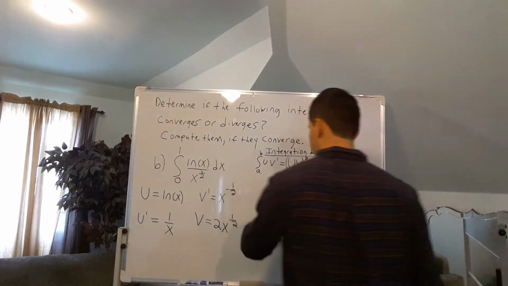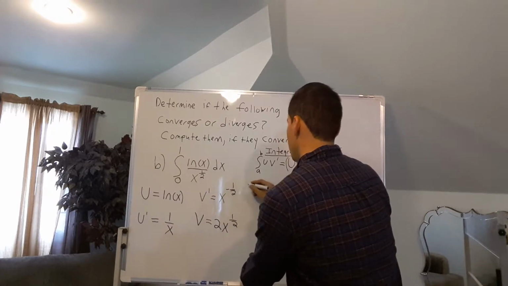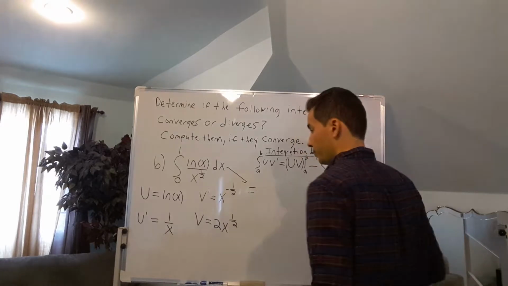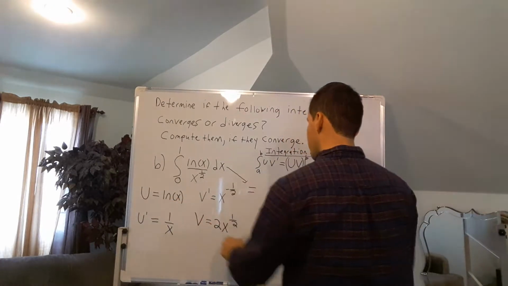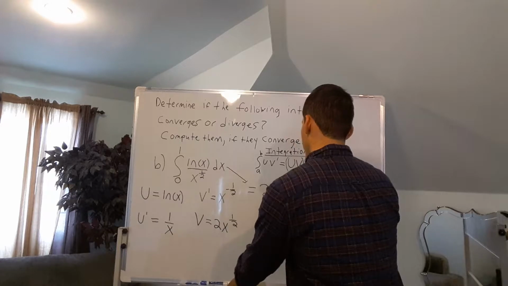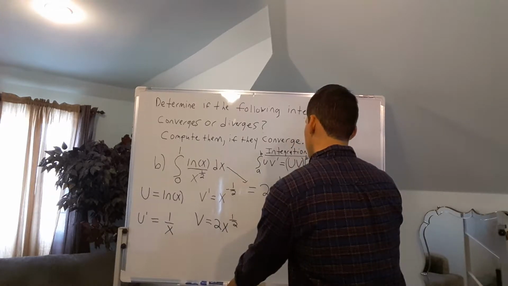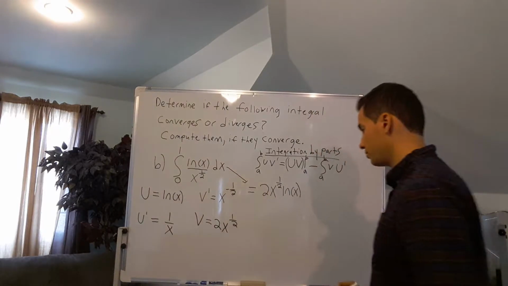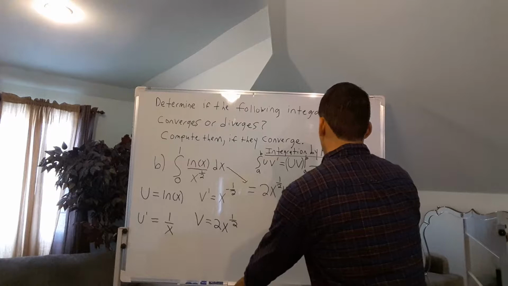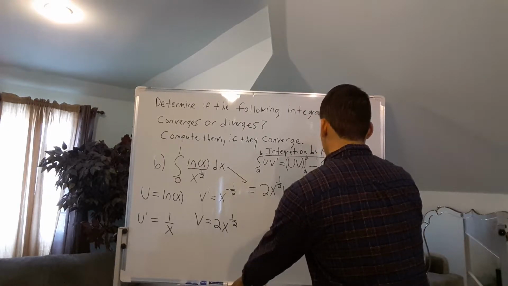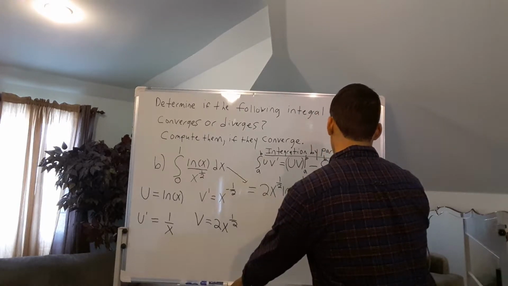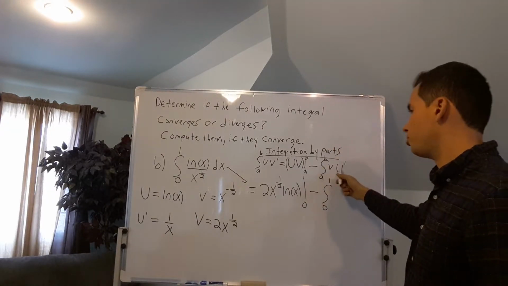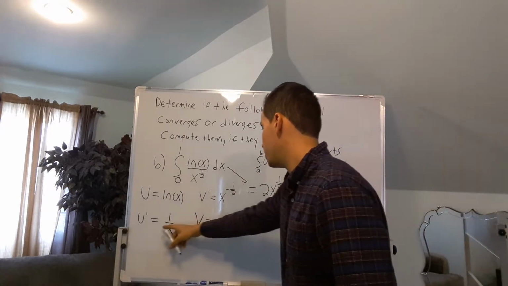Now let's use this formula and continue evaluating this integral. It's going to equal uv, ln x times this, which is 2 x to the 1/2 ln x, evaluated between 0 and 1, minus the integral between 0 and 1 of v u prime, which is this times that.